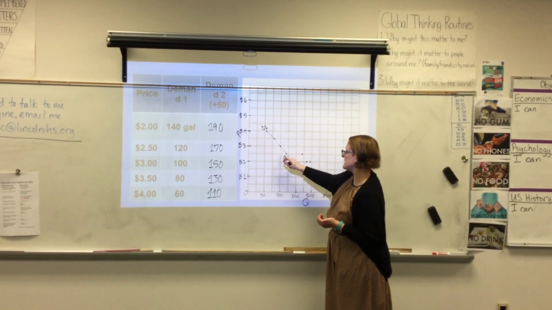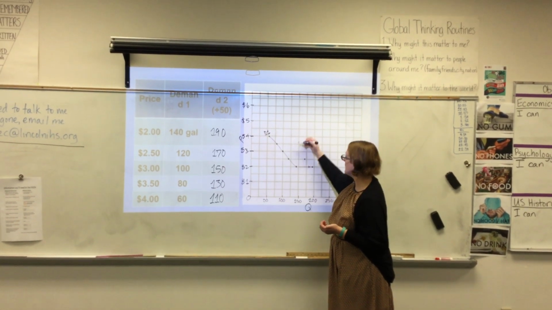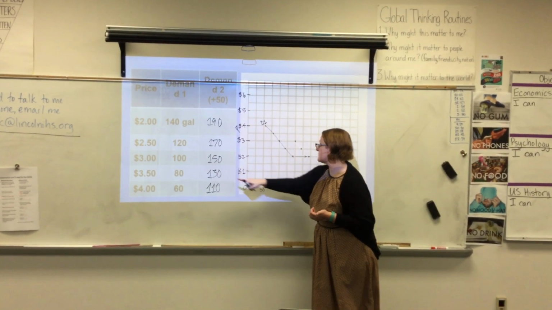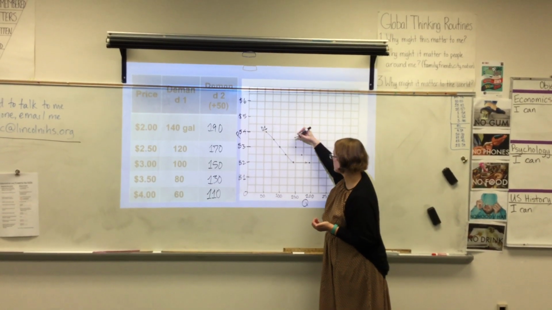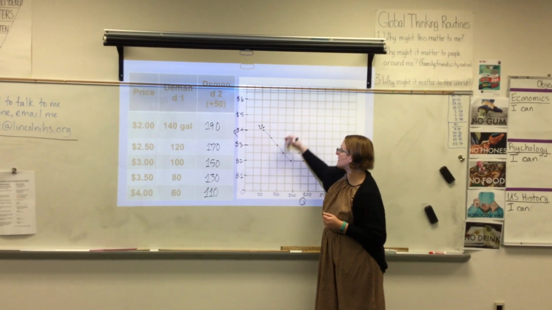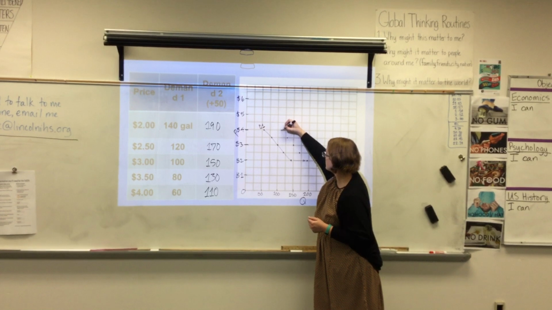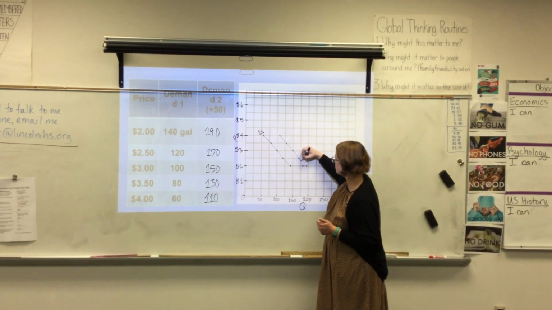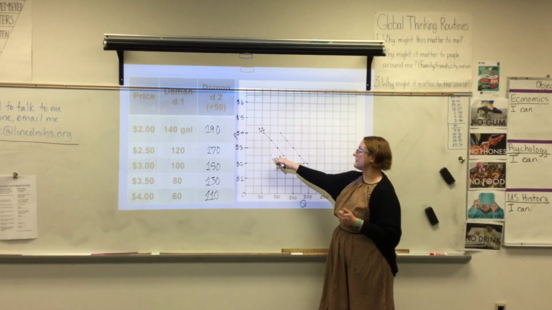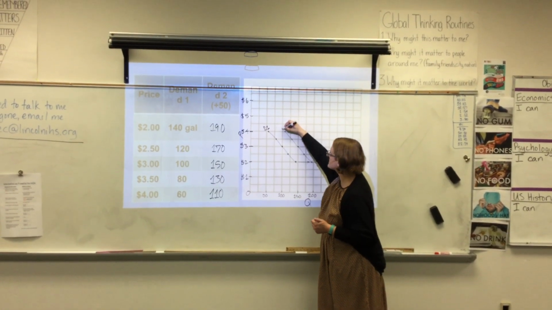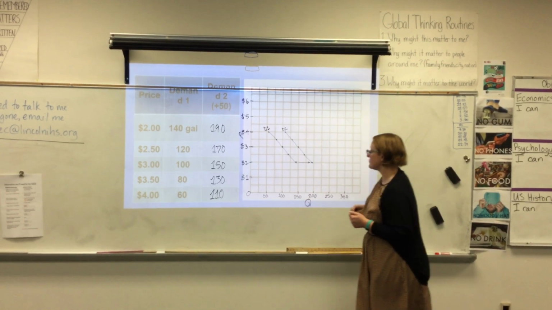At 3, I've got 150 gallons demanded. At $3.50, I'm at 130, which is right here. And then at $4, people are demanding 110. So you'll notice my line has shifted over by 50 at every single price, and that is my D2.